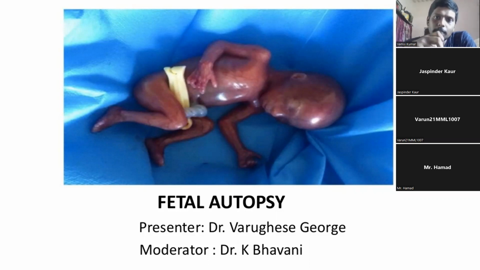By this, we can predict the future possibilities of miscarriage by the mother, and we can counsel them if there are any genetic problems in the history. The reason for the fetal death can be thoroughly investigated and rectified, and we can take some preventive measures for the mother in her next pregnancy. That is why we also do this fetal autopsy.